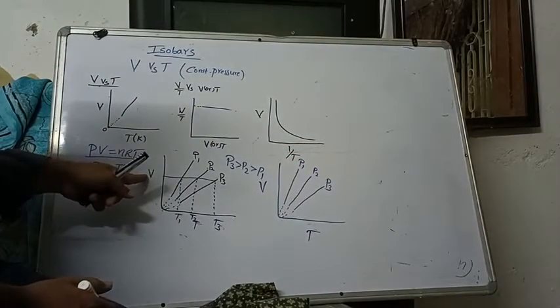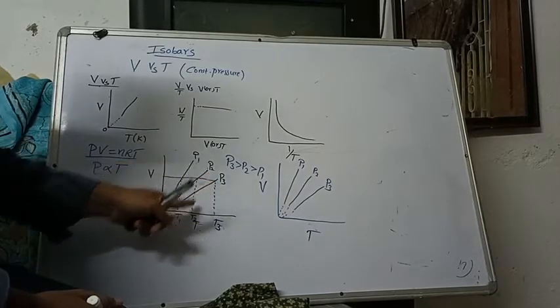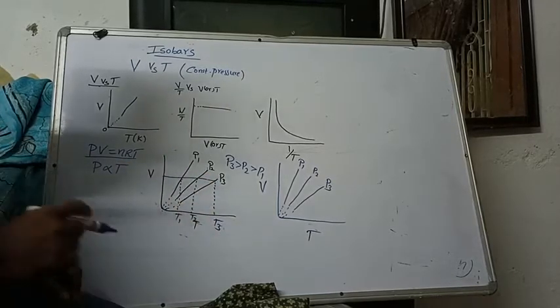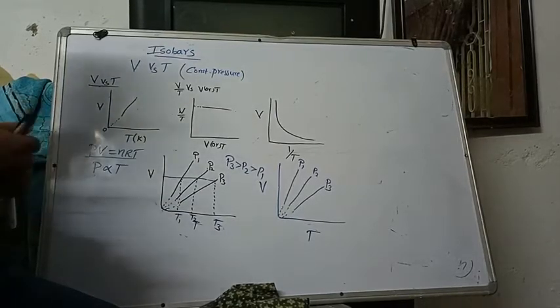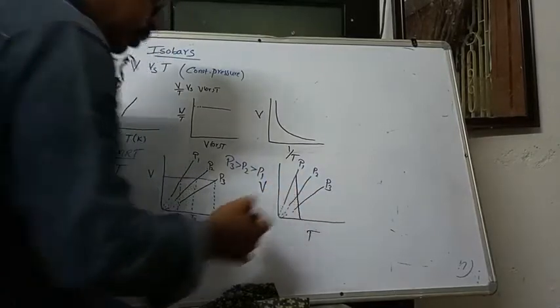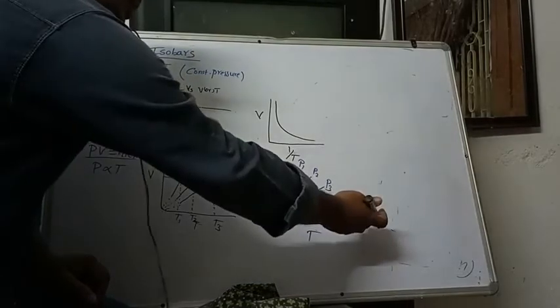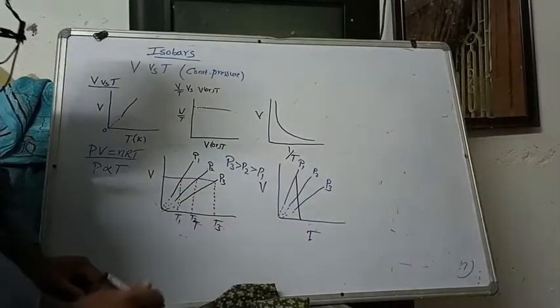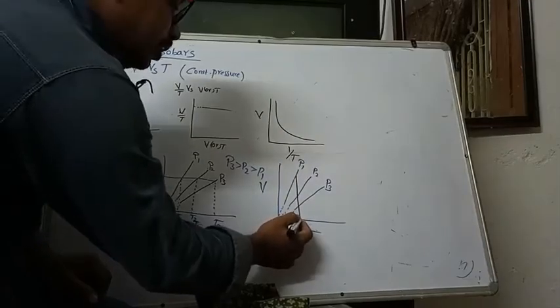In this, volume was taken as constant but temperature changes. Now we are fixing the temperature as constant. That means temperature is not changing, whether it is increasing or decreasing; in this manner temperature is not changing. This point is not changing.